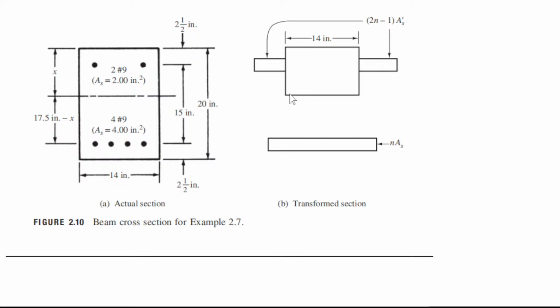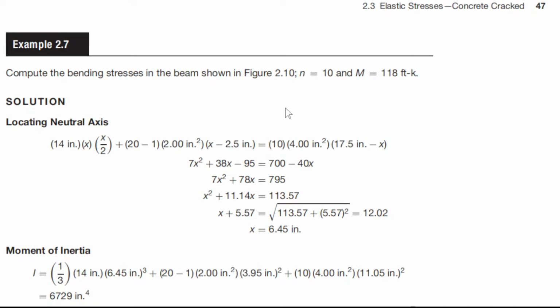This point is the neutral axis. This is x, so the moment arm must be x over 2. So 14x times x over 2 is our moment of area from the concrete cross section, compressive side.